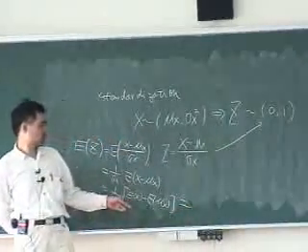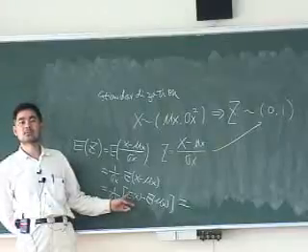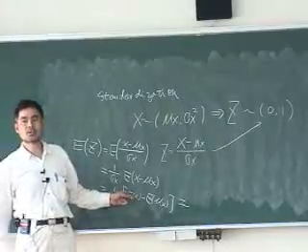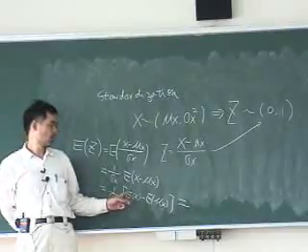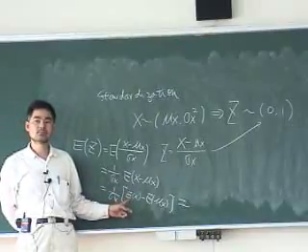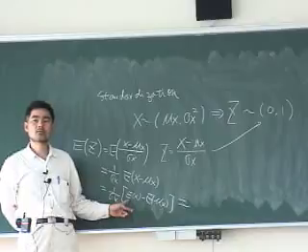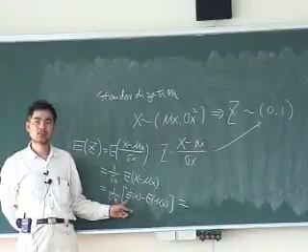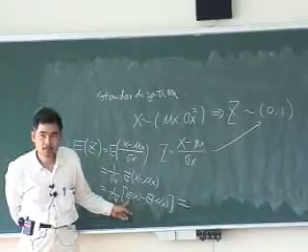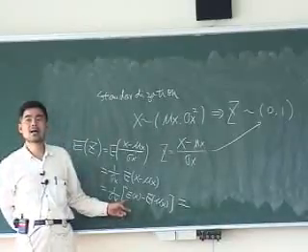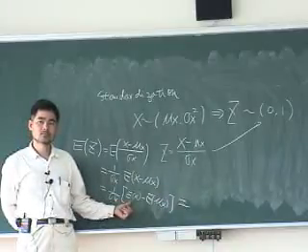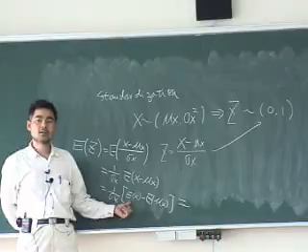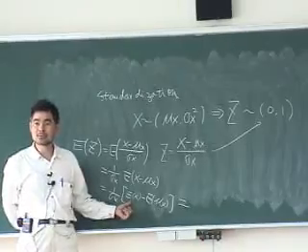Can anyone tell me what this is equal to? The gentleman behind the girl with the pink coat, what is this equal to? Summation of x i times p of x i. And what is this equal to? It is equal to mu x, right?